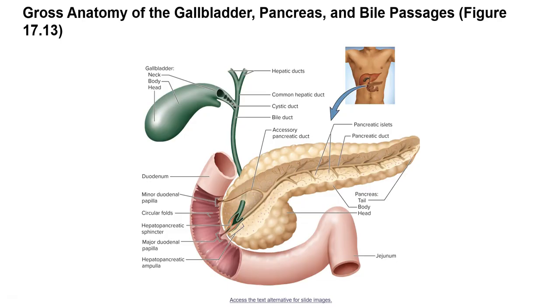Now, secretin, on the other hand, remember this one is released in response to the acidity of the chyme, and so this is going to stimulate the liver and pancreas to secrete sodium bicarbonate, that alkaline fluid that's part of this pancreatic juice, to help buffer that stomach acid and neutralize it so that it doesn't damage the lining of that duodenum.